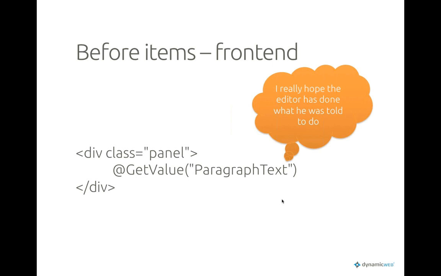Of course, we get images and stuff like that, but assuming we use the rich text editor, we could get the value, and I'm using Razor in this example, but basically in the front end, we show whatever text the editor has put into the rich text field. And then we can hope, and only hope, that he has done his job as we told him to do, that is, that he added this button or link we asked him to add, and that he has added the correct CSS class and stuff like that. But we cannot control how the content is actually rendered.